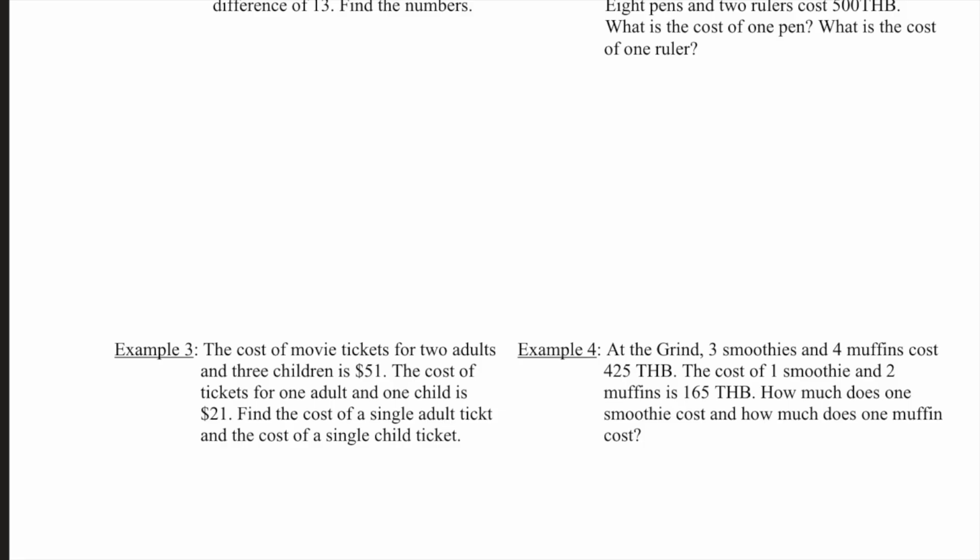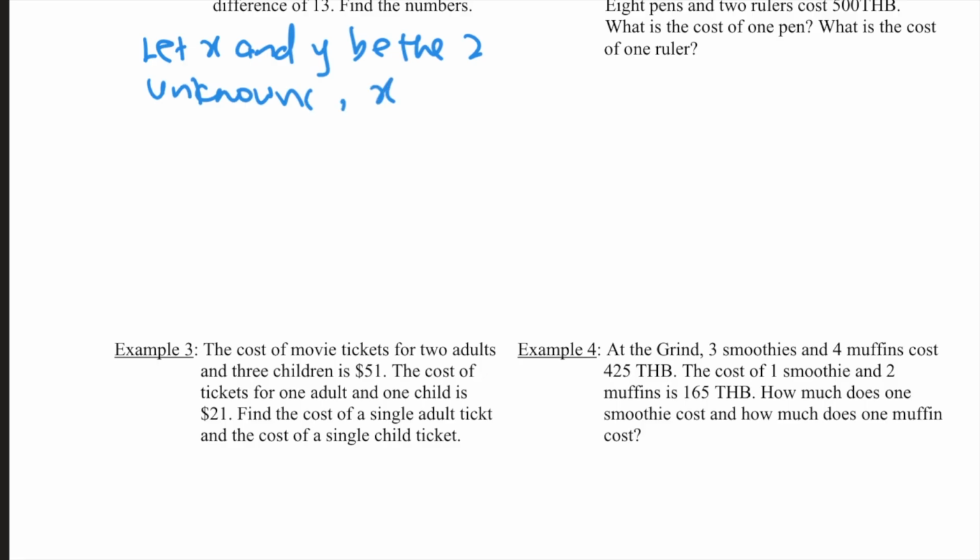So we will now let x and y be the two unknowns, and also I can let x be greater than y. Feel free to pause the video to try it on your own before checking your solutions with mine. Okay, so x and y are the two unknown numbers.